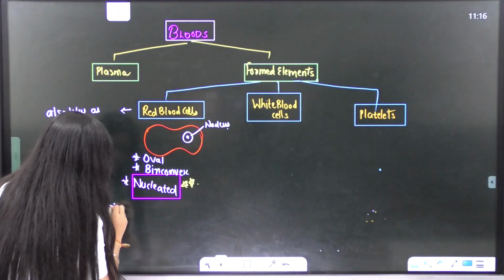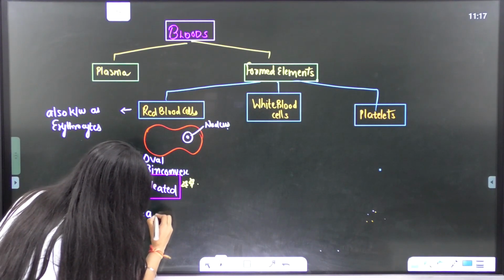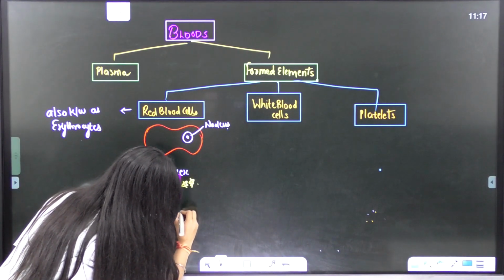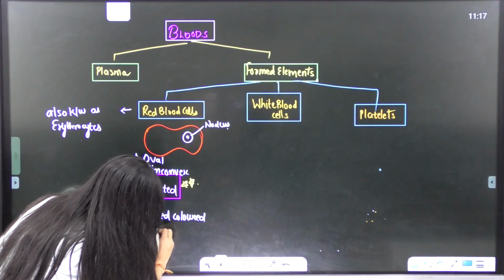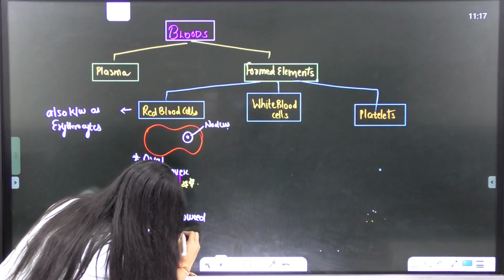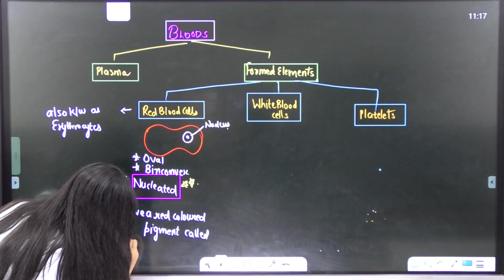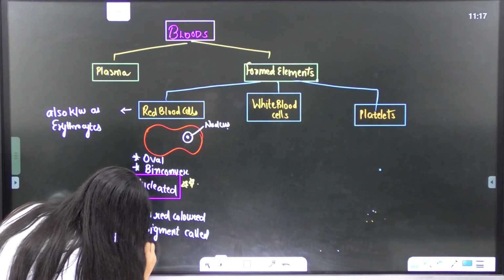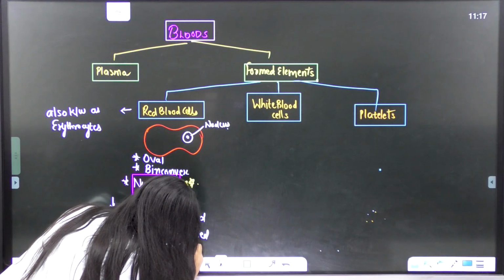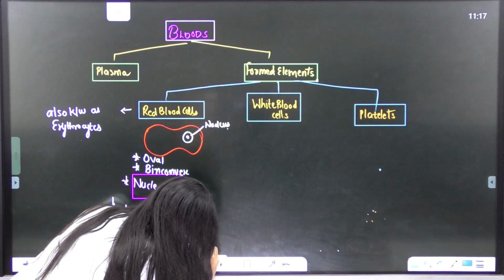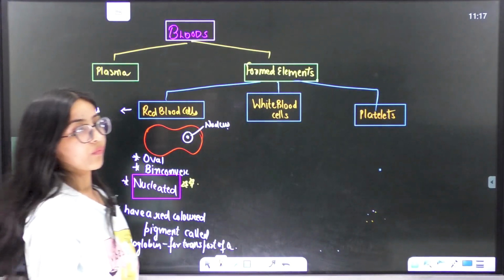So they have a red colored pigment called hemoglobin for transport of oxygen, right?